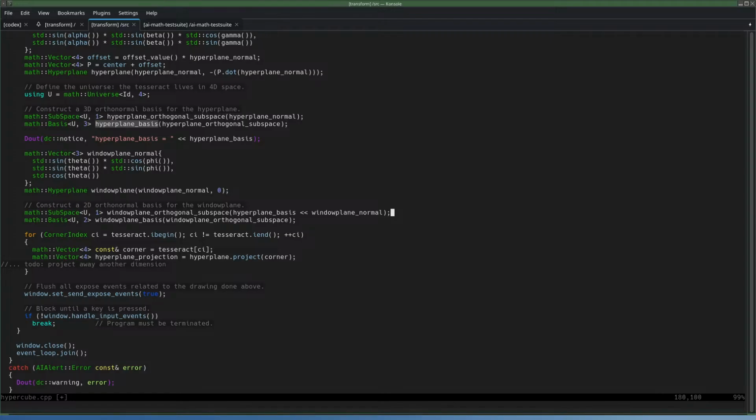Yeah, I mean, come on, what else could it be? I like it. I kind of like it. What is the alternative? If we would have a name for my foo method, that would be maybe just convert. Maybe hyperplane basis dot convert window plane normal. Yeah, it's also possible.